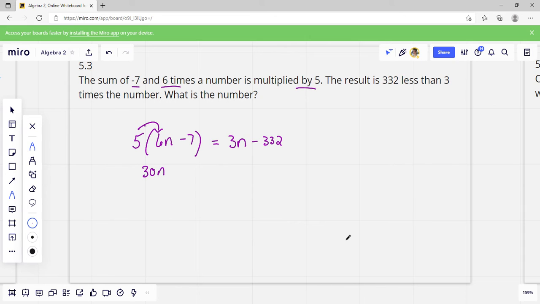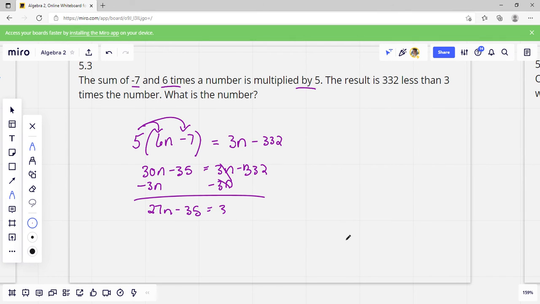30n. 7 times 5 is 35, equals 3n minus 332. I'm going to get my n's together first. So that will give me 27n minus 35 equals negative 332. So plus 35. Oh, that's negative 332.